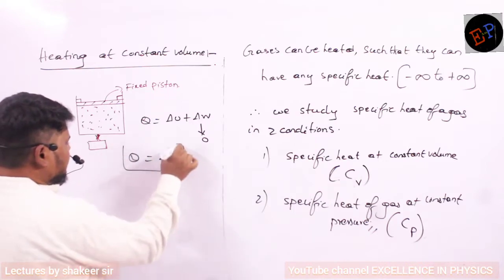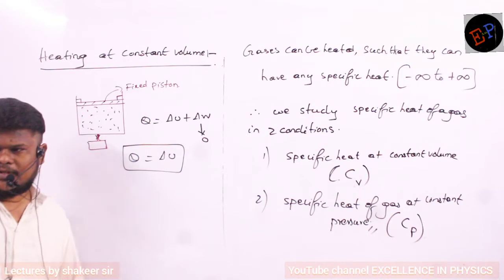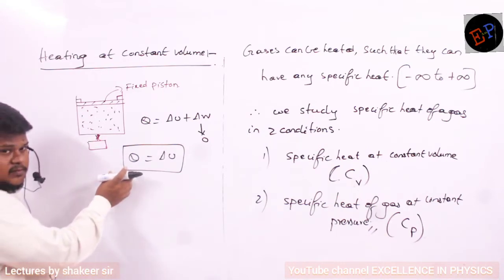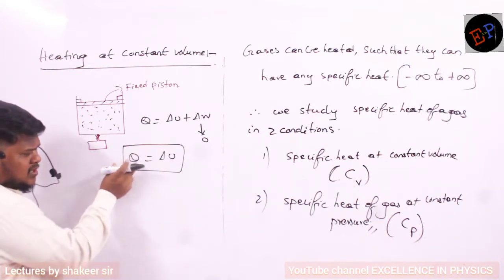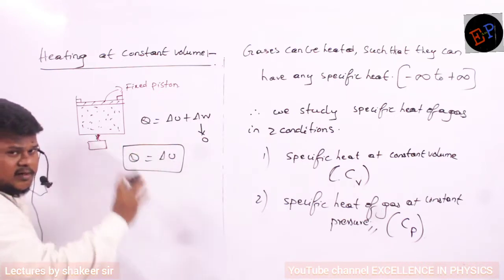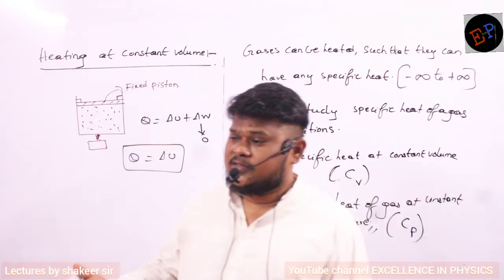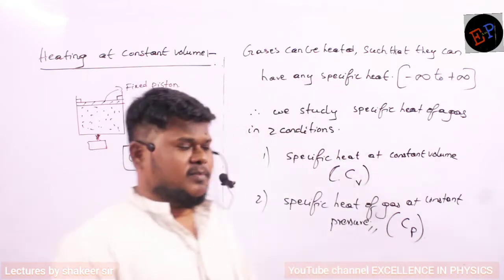What do you understand by looking at this statement? Q is equal to delta U means what? That the total heat energy which you supply is utilized for changing only the internal energy of the gas. And if internal energy increases, what increases? Temperature increases. Clear, no?